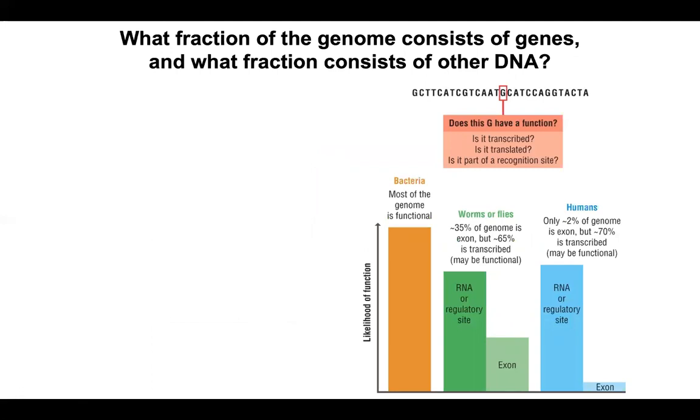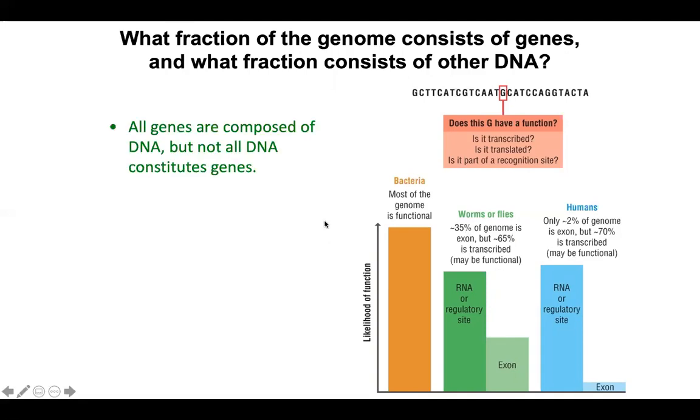So another really important statistic to consider when we talk about genomes is this question: what fraction of the genome actually consists of genes, and what fraction consists of other DNA? All genes are composed of DNA, but not all DNA actually constitutes genes as we most commonly define them.